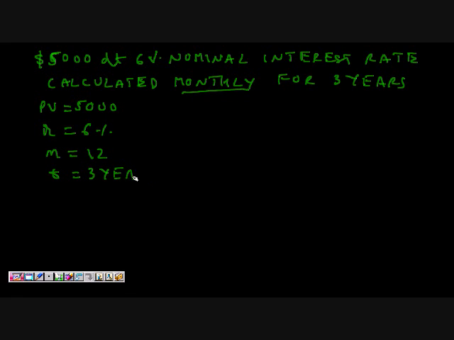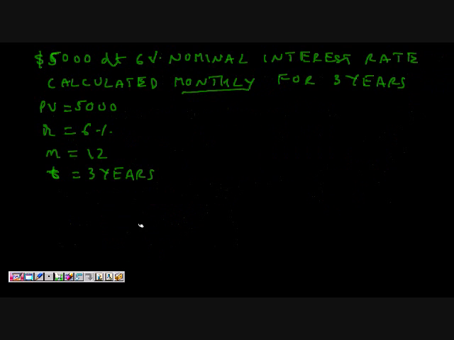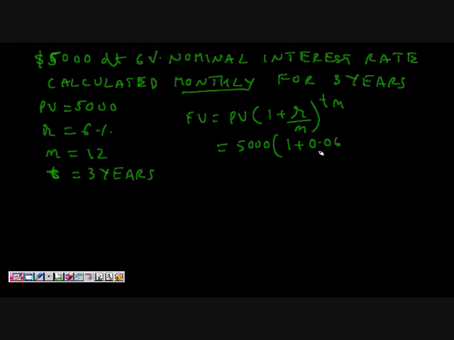From the previous formula, future value is equal to present value times (1 + r/n) raised to tn. So present value is 5,000 times (1 + 0.06/12), because we are calculating interest on a monthly basis.